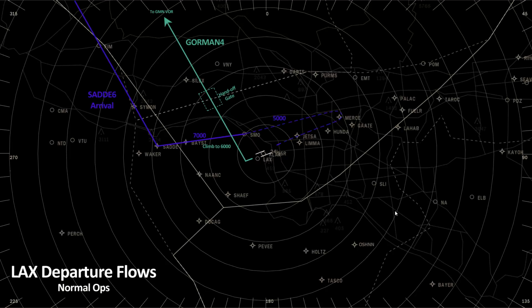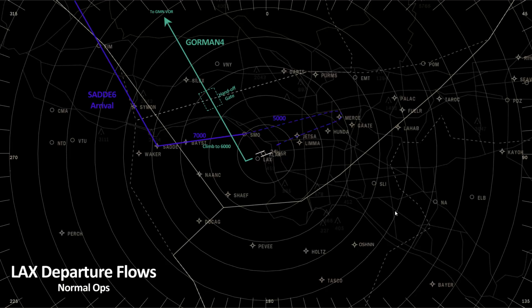So while there's many other departures besides the 4 we've covered, in all cases, the strategy is pretty much the same. We let the plane fly the published departure procedure as depicted. We climb the plane to 13,000 feet right away for almost all the departures, or really I think all the departures that are initially headed south of the airport, and then hand them off to center once they're at or above 10,000 feet.